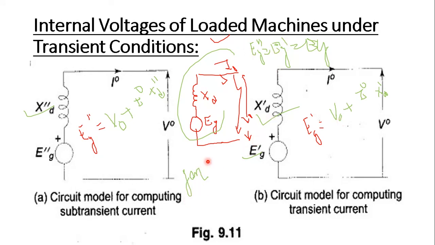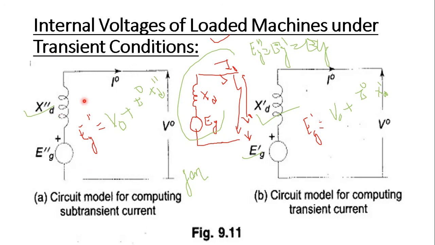Now this is the case of your generator. The synchronous motor has an internal EMF and reactance similar to those of the generator, except that the direction of current is reversed in the case of a motor. In a generator, current goes in this direction; in the circuit model for the motor, the direction of current is opposite. That is the only difference.